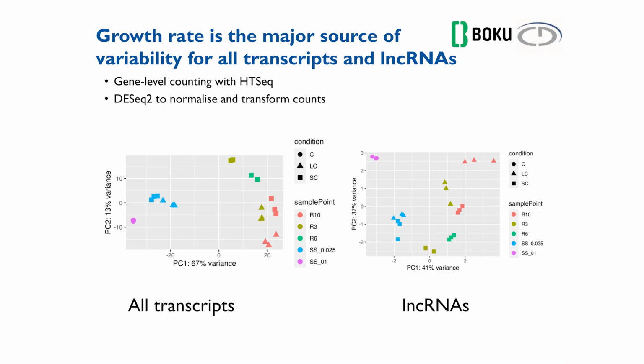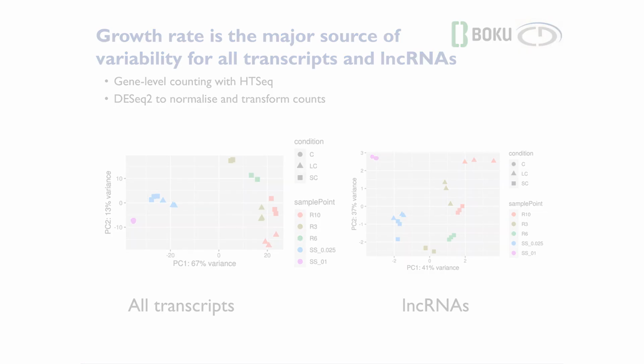When you perform a principal component analysis, which basically looks for the largest source of variation in your data, what I'm happy to see is that along the first component, the x-axis, we have a clear separation of colour. The sample points are a proxy for the growth rate. And that is the same when we look at all transcripts, and that's also the same if you look at just long non-coding RNAs, which suggests that growth rate is also a large source of variability here.